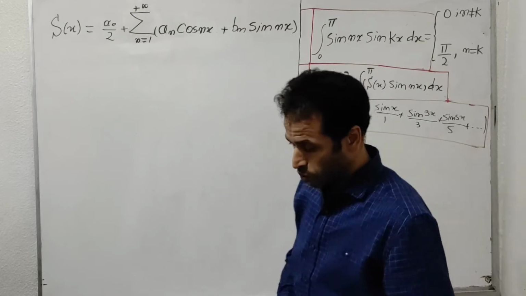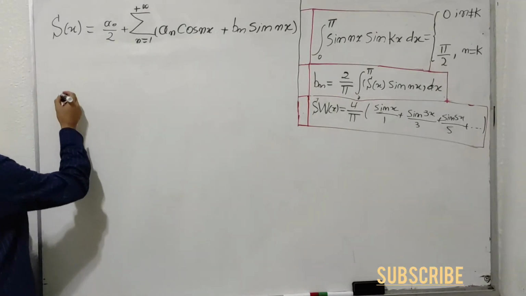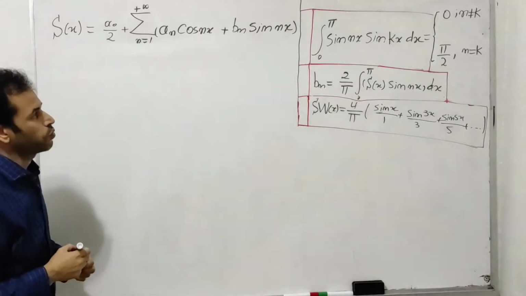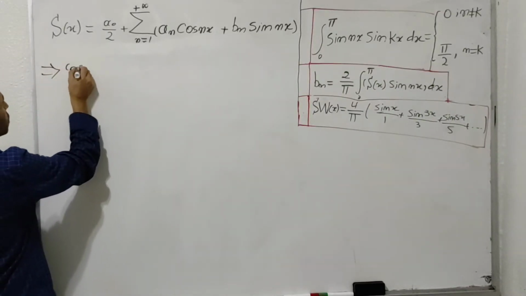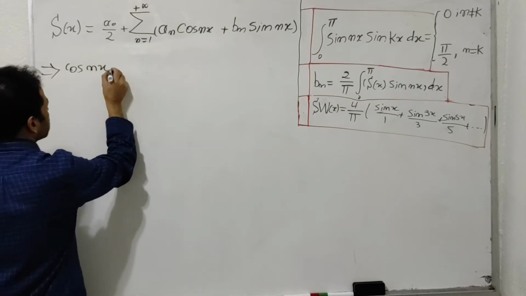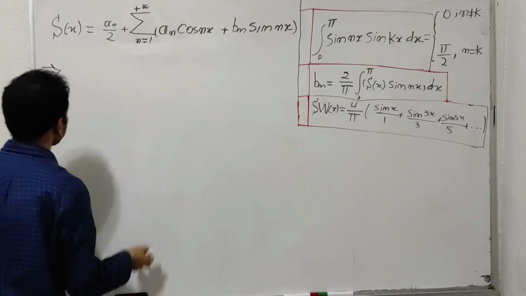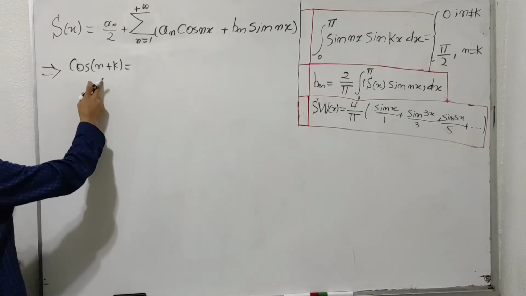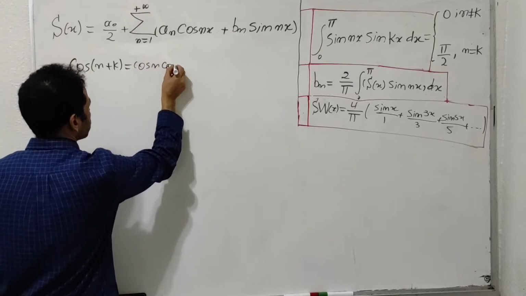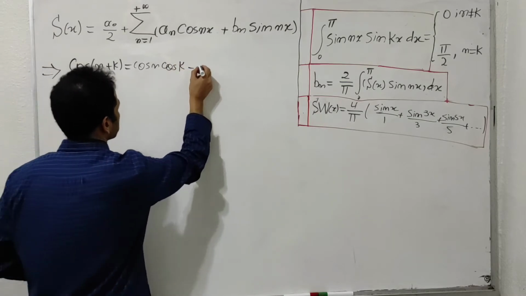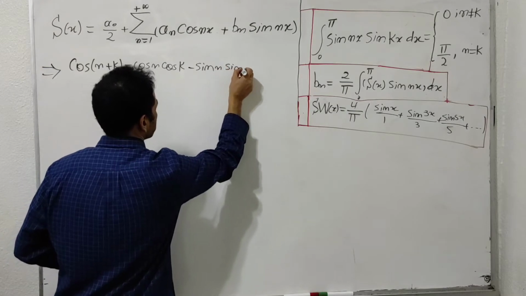So now let's proceed with the proof. I'm going to prove the first identity. As we know, I'm going to apply the trigonometry formula. We have the cosine of nx. By applying the trigonometry formula, we have cosine of n plus k equal to cosine of n multiplied by cosine of k minus sine of n multiplied by sine k.